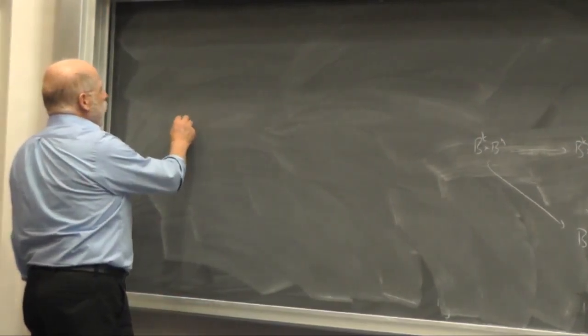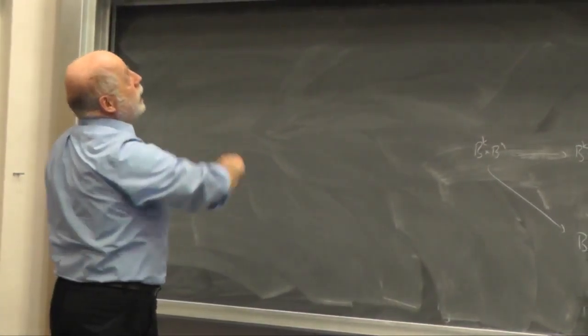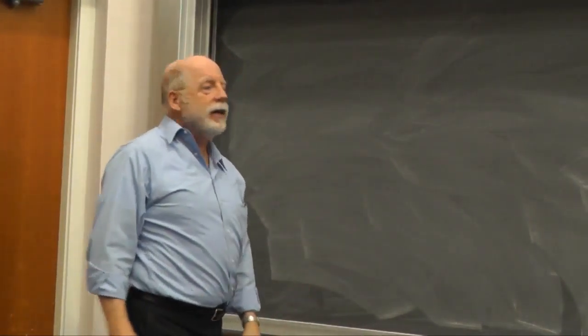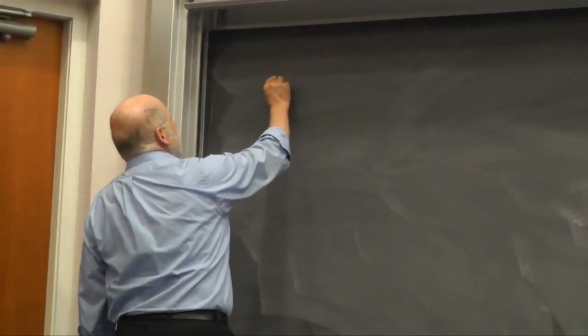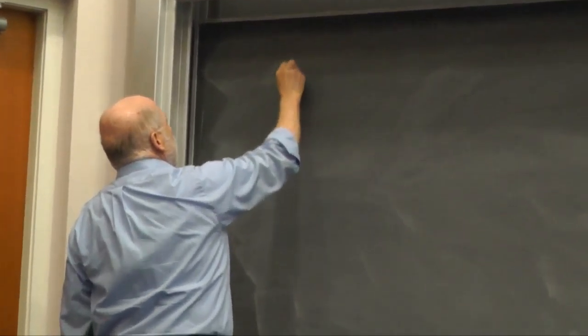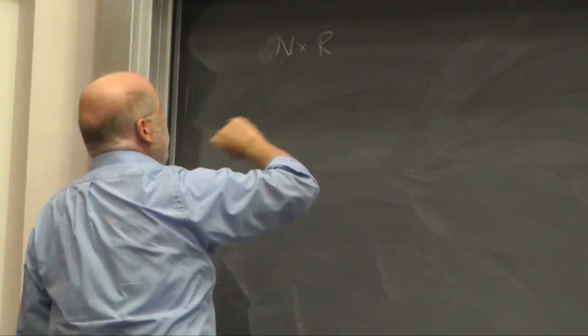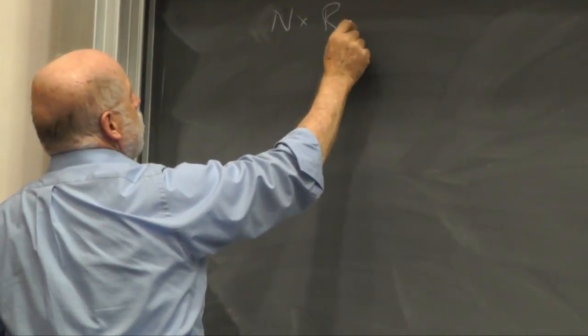So I'm going to do the case when S is 1. All we have to do is knock off one factor at a time. So we'll just start with M cross R, and it's got some structure.